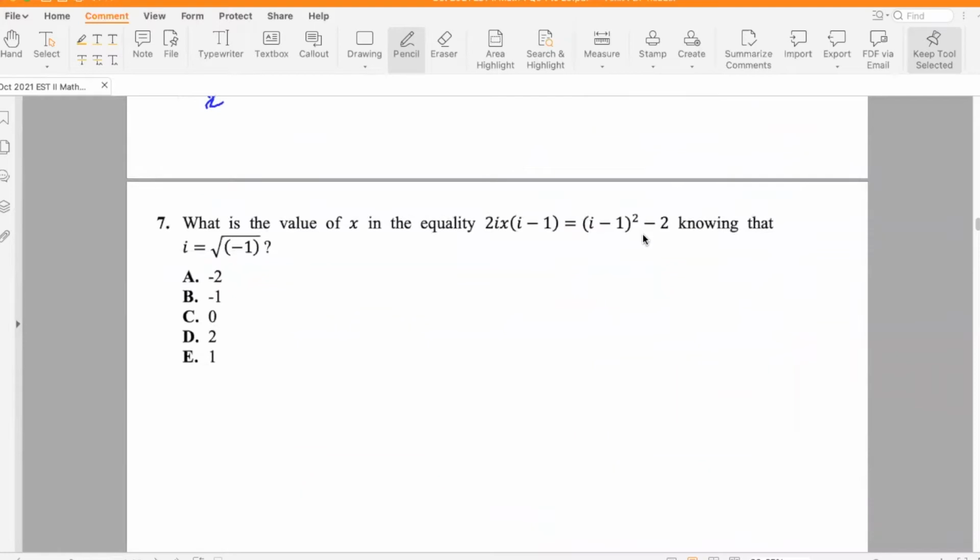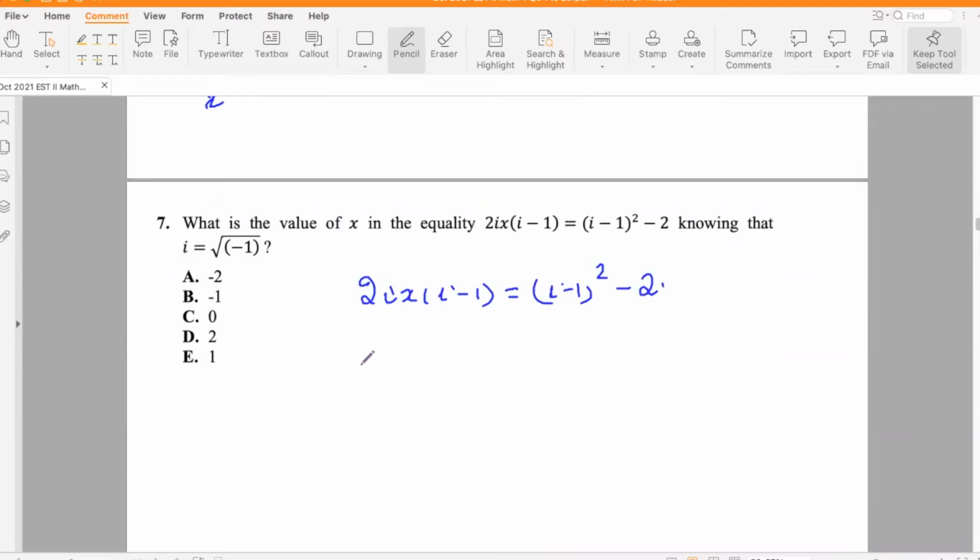Question 7. What is the value of x in the equality 2ix times (i minus 1) is (i minus 1) whole squared minus 2? I have to find x.